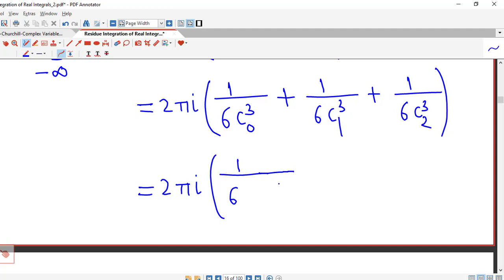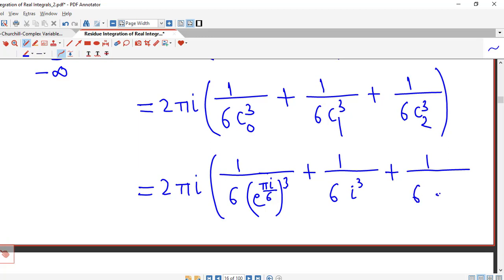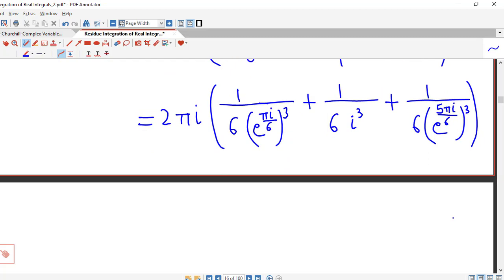So here we write one more step. c0 is e raised to pi i by 6 to the power 3 plus 1 by 6, c1 is i, so i raised to 3 plus 1 by 6, c2 is e raised to 5 pi i divided by 6 to the power 3, and this bracket completes.